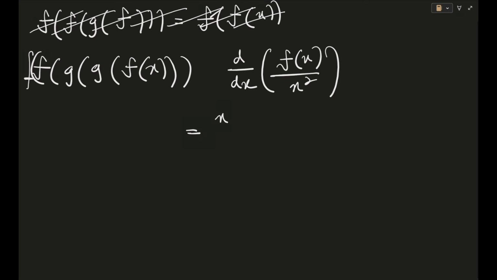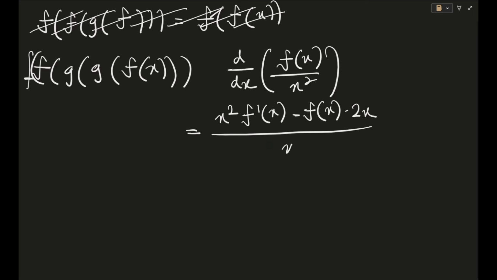So this will come out to be x square f dash x minus f of x into 2x, whole divided by x power 4. So x times f dash x minus 2f of x by x cube.